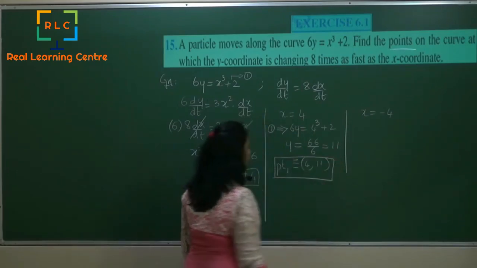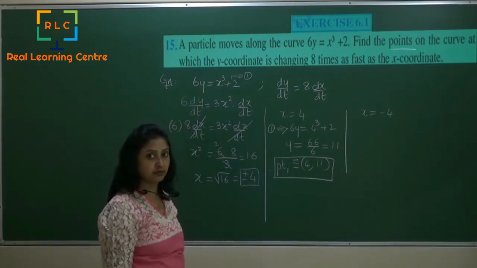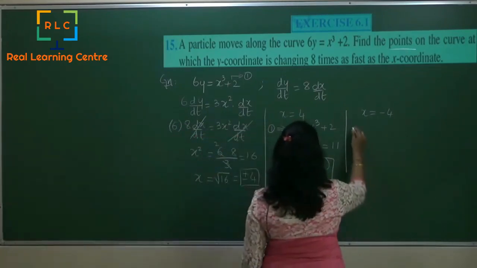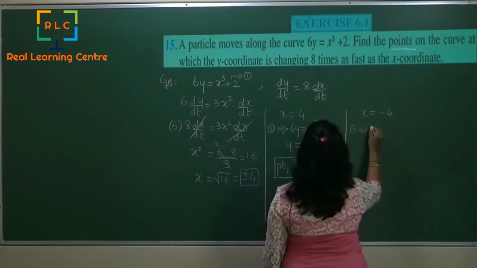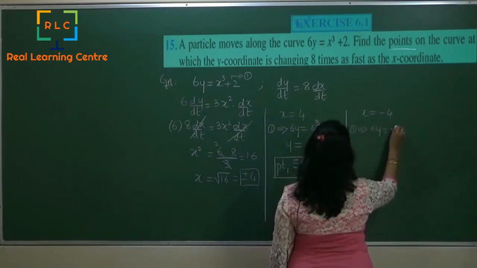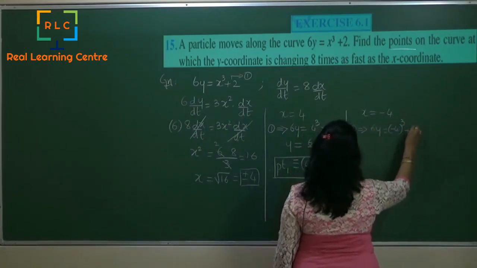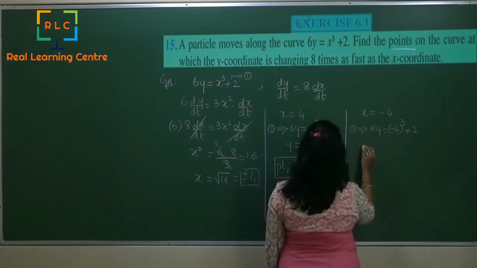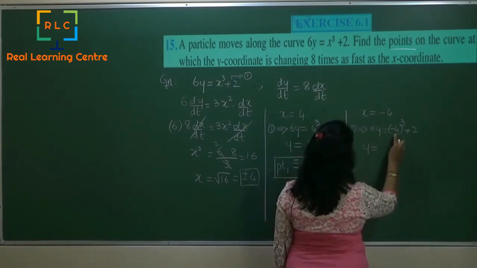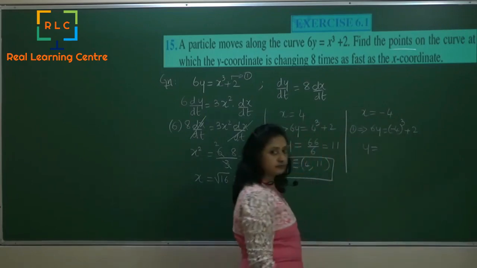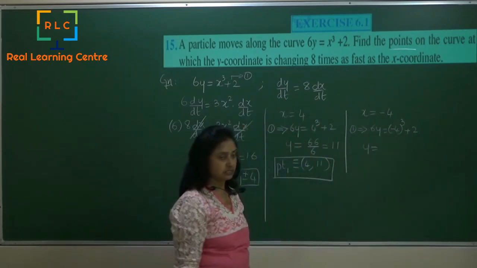I got point number 1. Now like this we'll do for point number 2, wherein I'm taking x is equal to minus 4. So I'll go back to equation number 1, that's the curve, and I'll say 6y is equal to minus 4 whole cube plus 2, and that will give you y is equal to minus 64 plus 2 is minus 62.